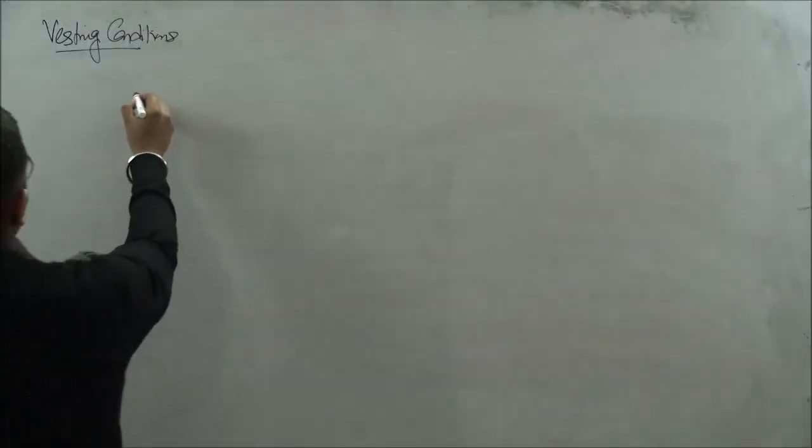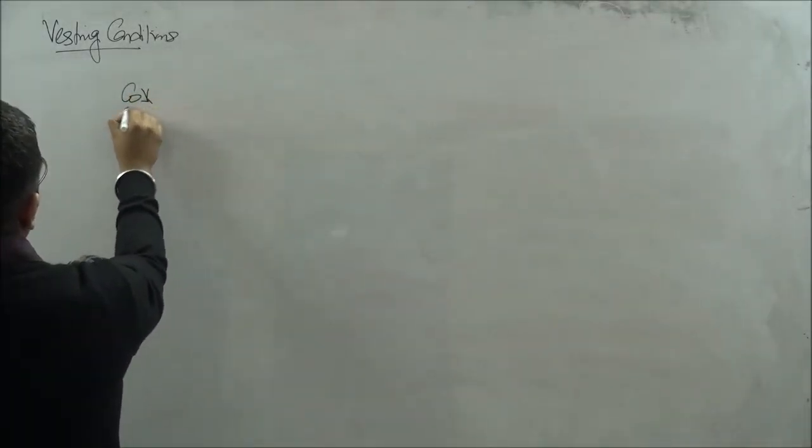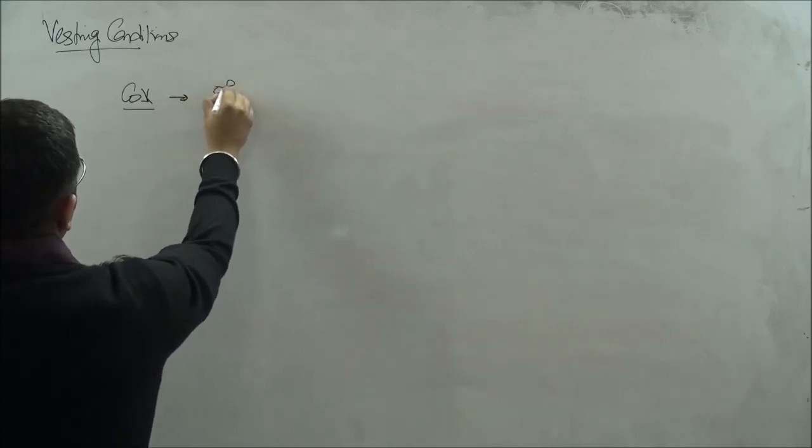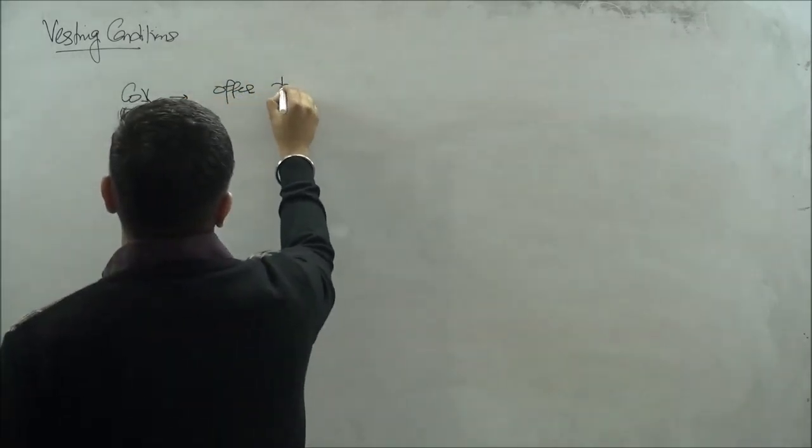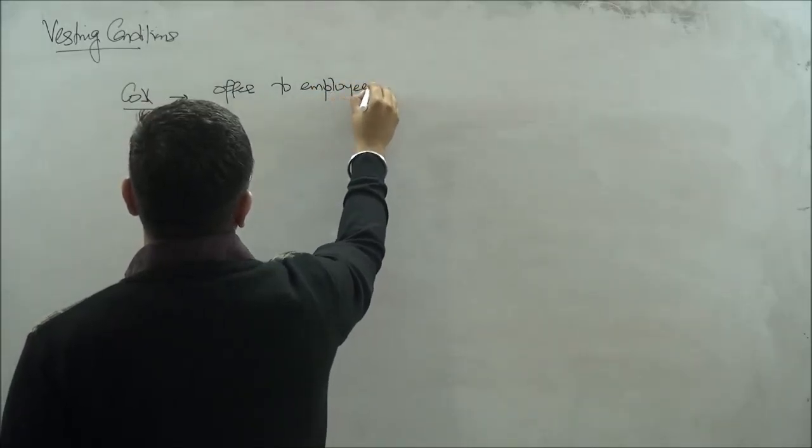We are saying that what if the vesting period varies with the non-market condition? Then you look at, of course, the most likely outcome of that particular condition. Let's try to understand what exactly we are trying to say in this case. The best way is to understand it with the help of an example. Say, for example, this is a company X. It has made an offer to employees.